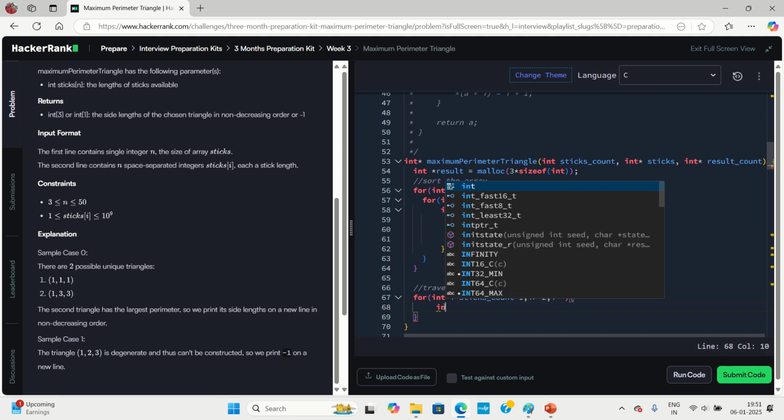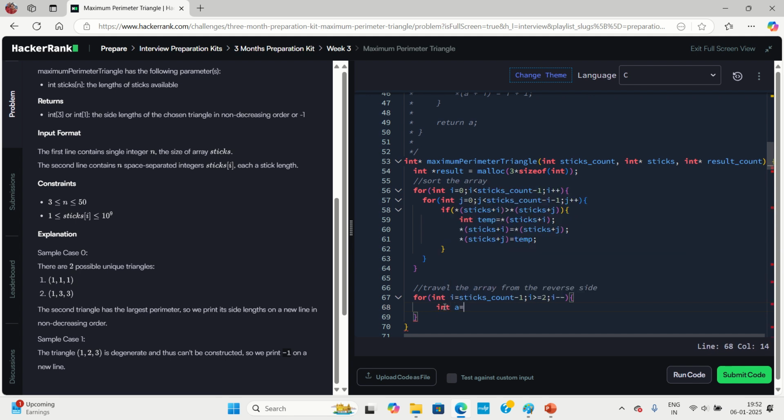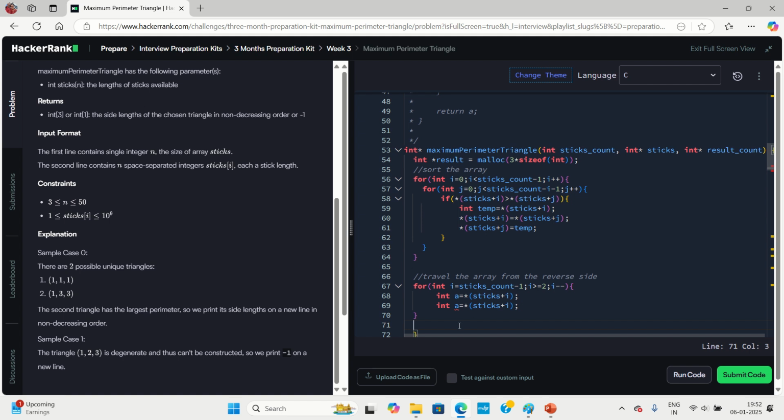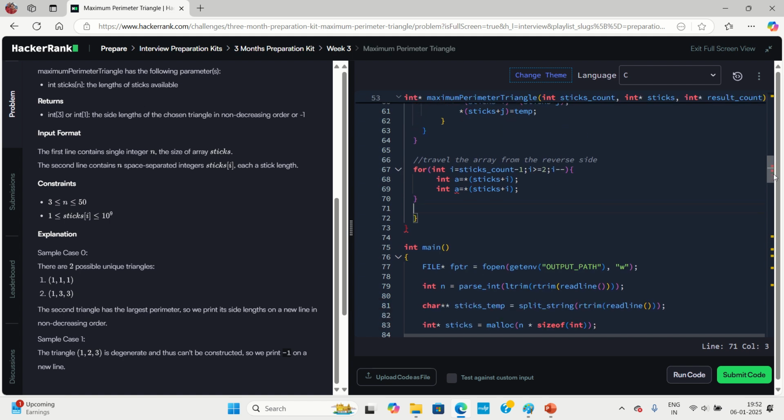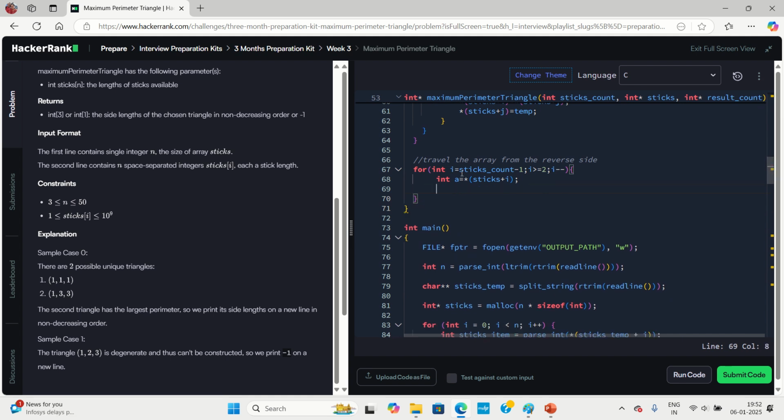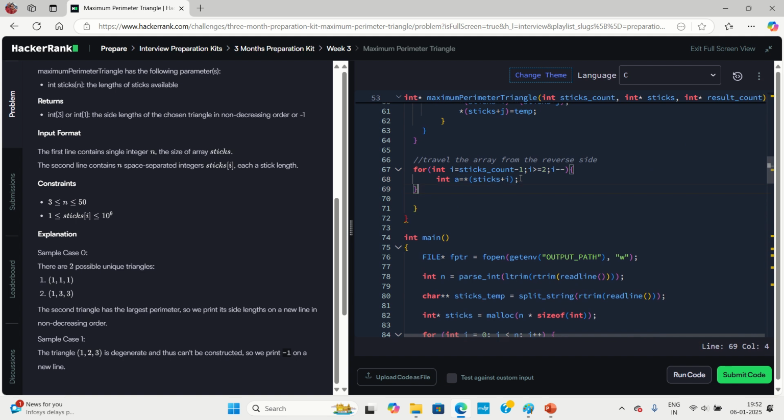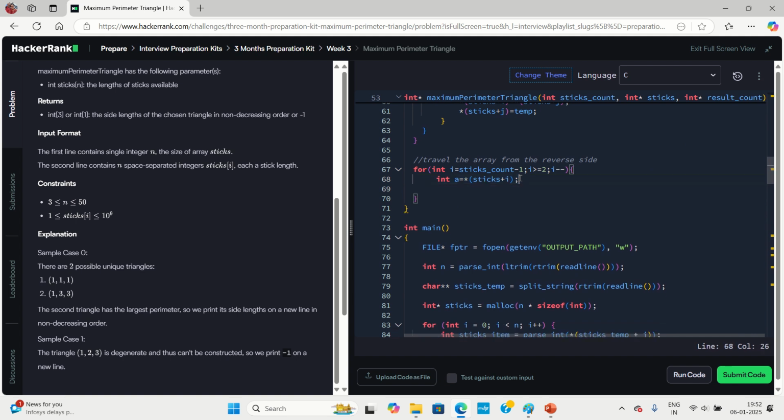Now let us take the three sides. So int a is equal to value at sticks plus I. Let me just copy and paste it here so that it will be easier for you.